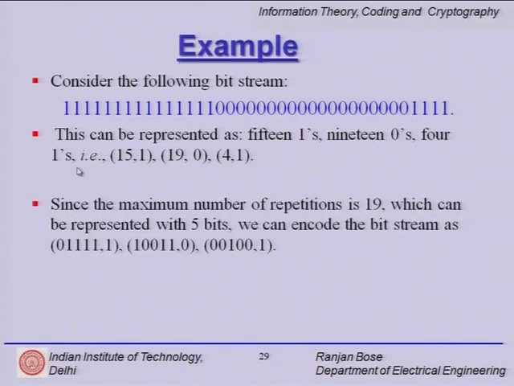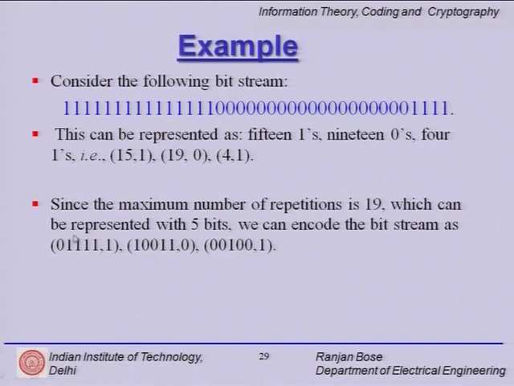Okay. So, here since the maximum run is of 19, well, we can represent it with 5 bits. If we anticipate runs can be of the length 30, then also 5 bits would suffice. Or if the run lengths can be as large as 35, 40 up to 63, we will require 6 bits to represent.